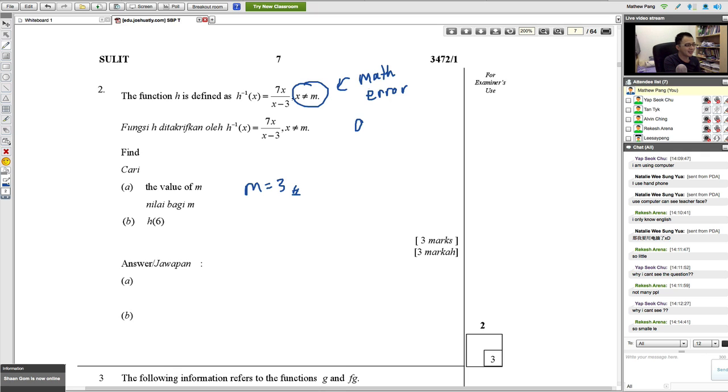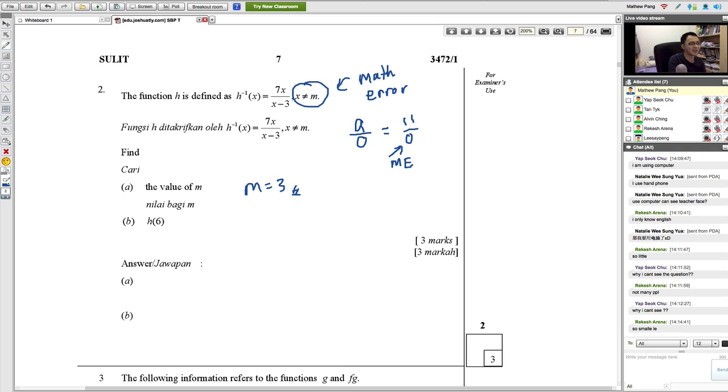Any number divided by 0 gives a math error. You can take out your calculator and try 11 divided by 0. We cannot divide by 0, which means when the denominator equals 0, you will get a math error.